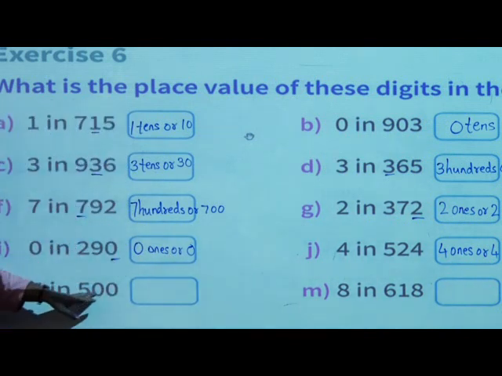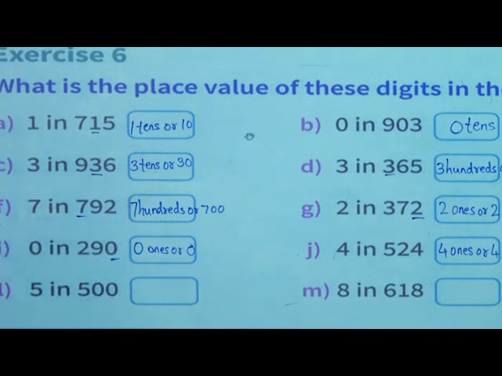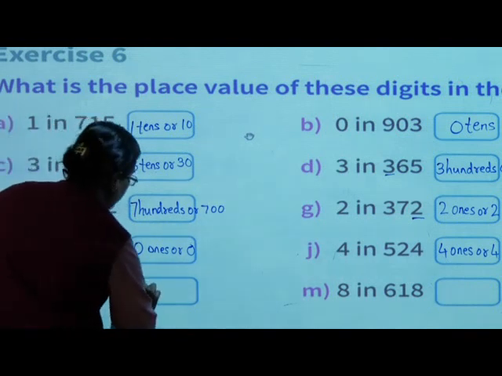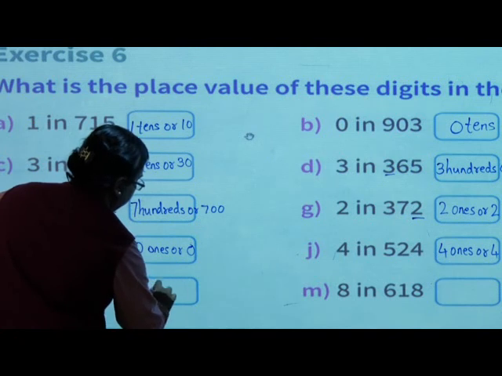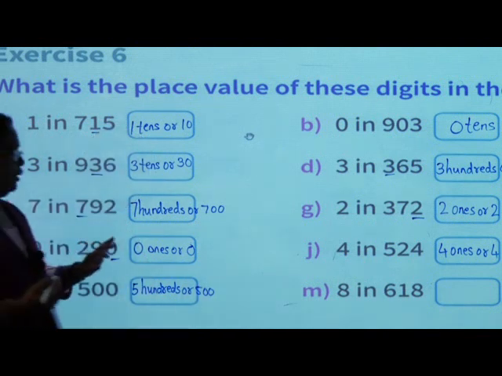Now 5 in 500. We want to write 5's place value. So 5 is in the hundreds place, 0 is in the tens place and 0 is also in the ones place. So 500s or 500.